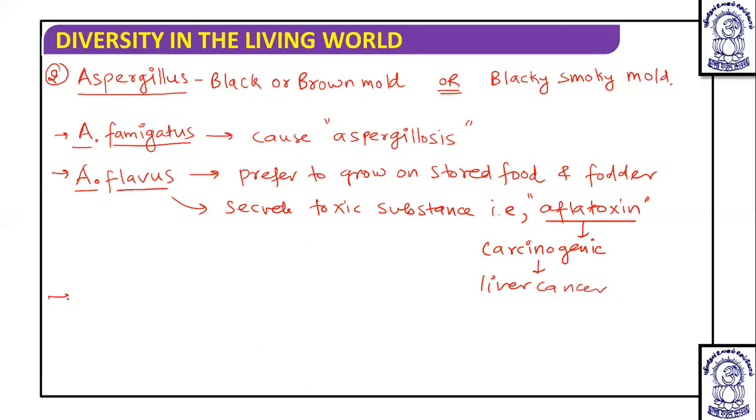Apart from this, the third species that you should remember is Aspergillus niger. Majority of the time, questions come from this species. And this Aspergillus niger is known as the weed of the laboratory. Now, why is it known as the weed of the laboratory?